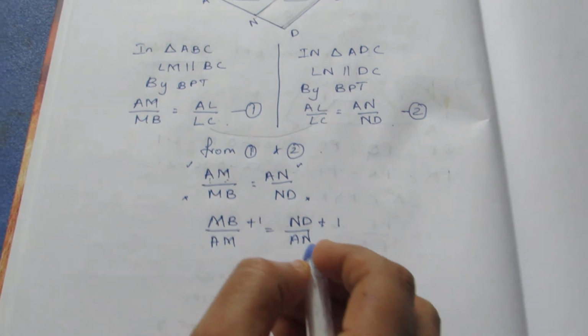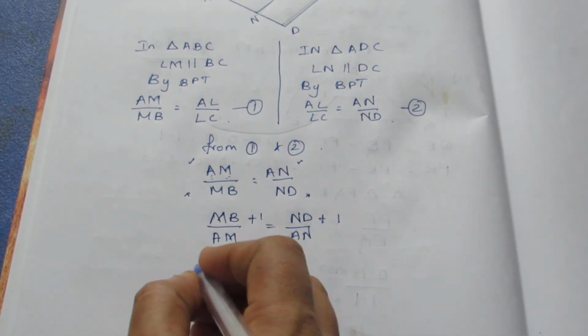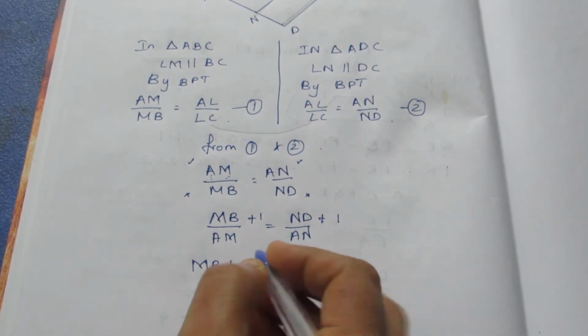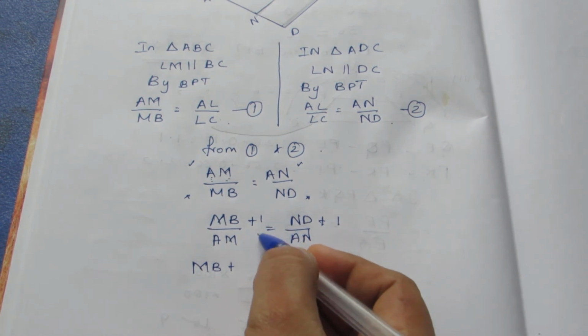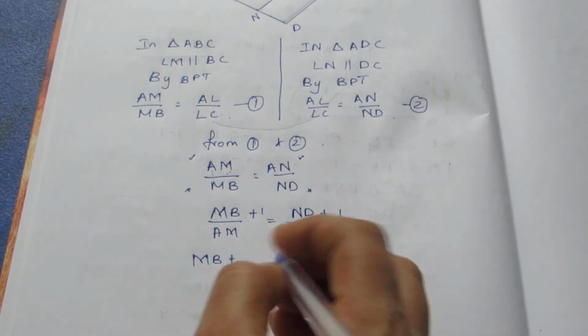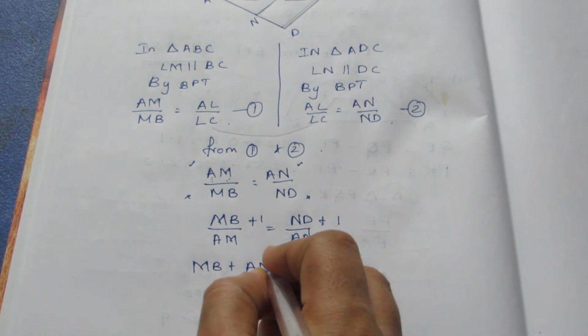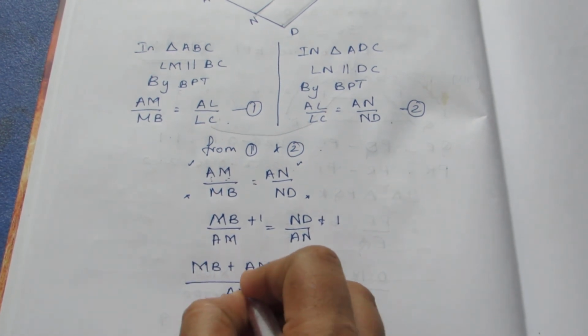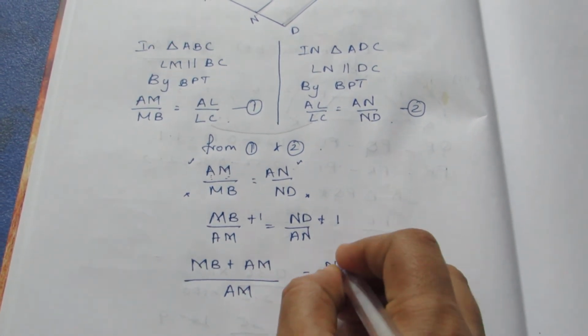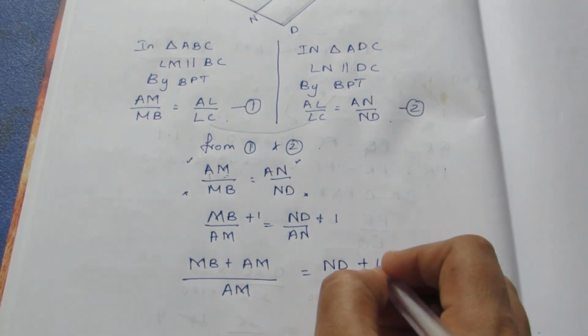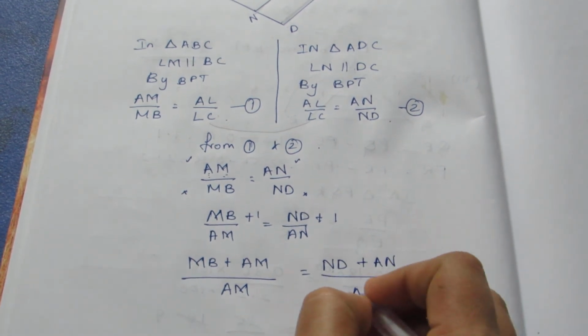If I add 1 to both the sides, we need to take LCM. So it becomes MB plus, multiply. If there is 1 on the denominator, just multiply the denominator, which will become AM by AM. So here also ND, to take LCM just multiply AN by AN.